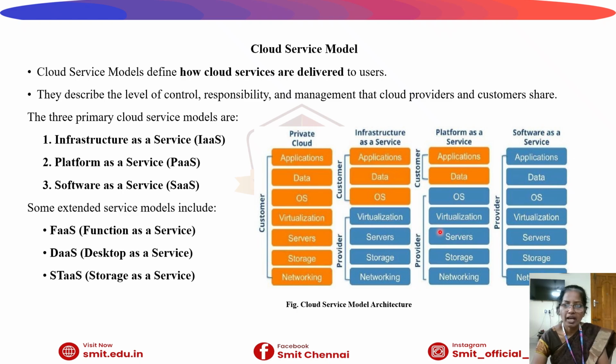The next one, Platform as a Service: the provider manages the networking, storage, servers, virtualization, and operating system, but the customer manages the data and applications. Then the last one, Software as a Service: the provider manages everything. The customer only uses the software.